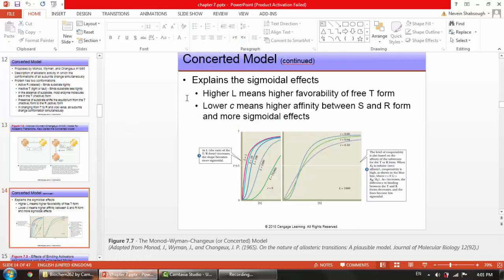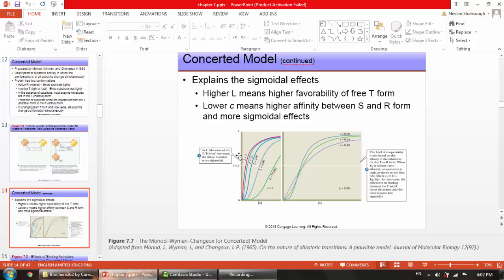Now again, in the concerted model, how is it used to explain the sigmoidal type of curve? Notice in this figure the Monod-Wyman-Changeux model for concerted. Here we plot Y, saturation, versus substrate concentration.